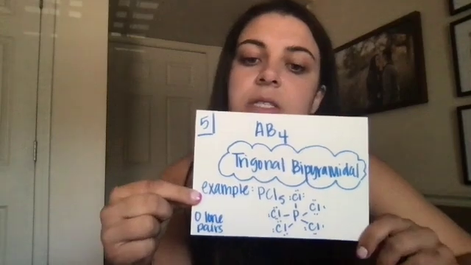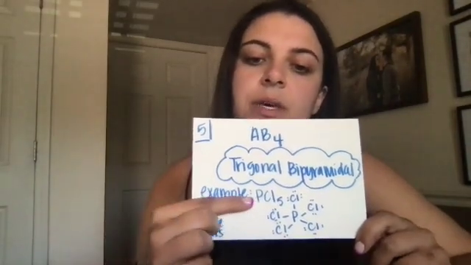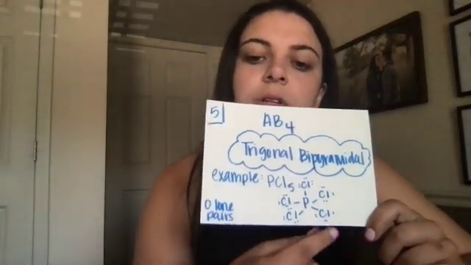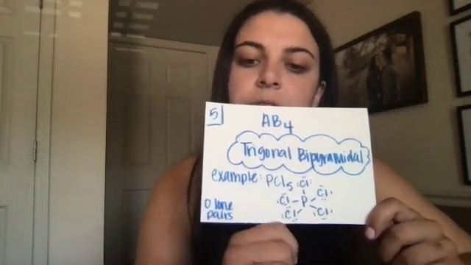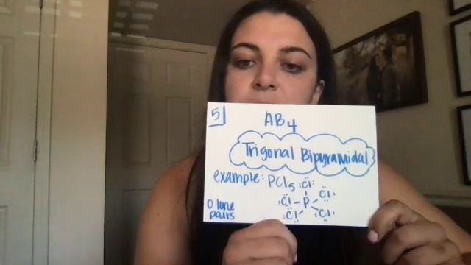And so this one with no lone pairs is going to be PCl5. I've drawn the Lewis structure here. As you can see, there are 5 electron domains around it and no lone pairs. An example with lone pairs, let me find it.